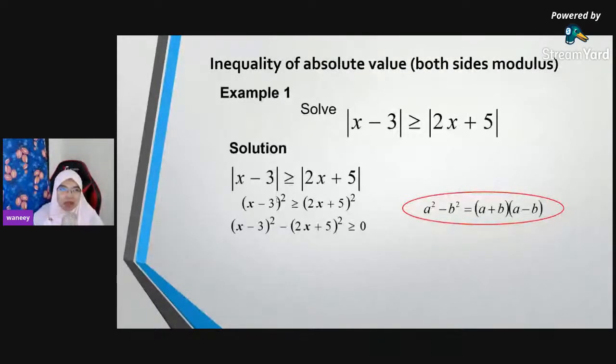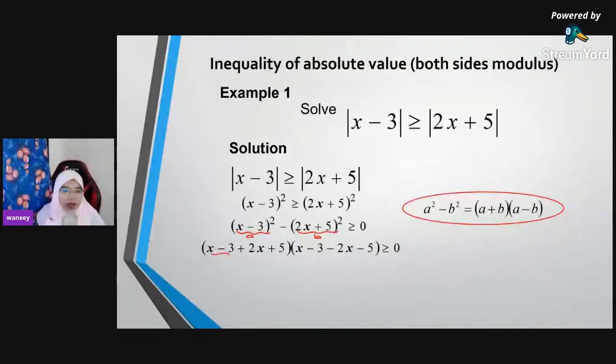This depends. You can also use expanding the left hand side and right hand side, or you can use something like this. If we have a squared minus b squared, that is actually a plus b times a minus b. So you can use this one, or you can expand the left hand side and right hand side. Either one. But I teach this technique, which is a bit more advanced. So this one, x minus 3, is a, and 2x plus 5 is b.